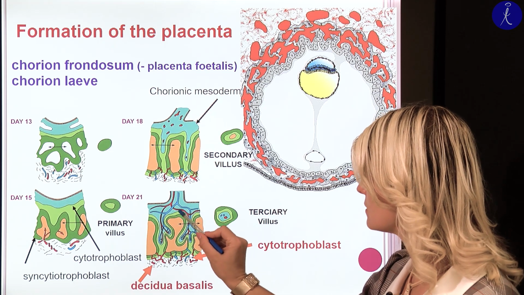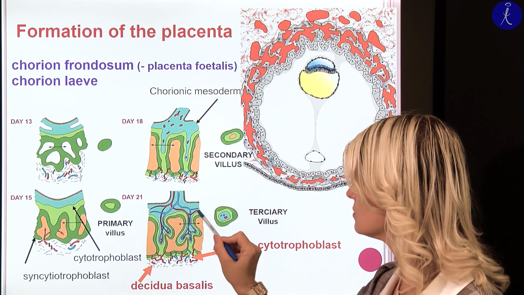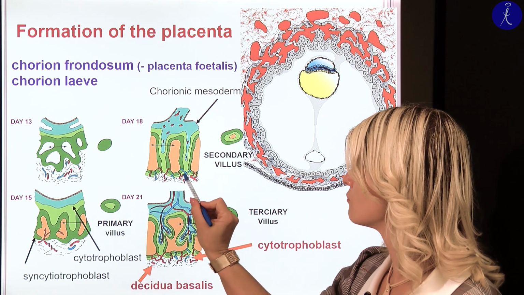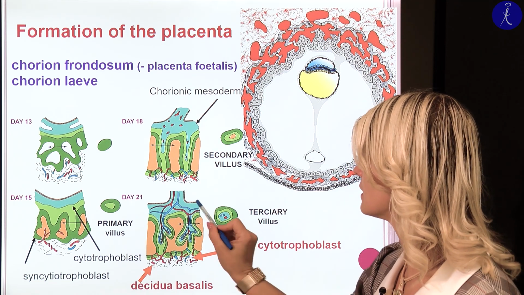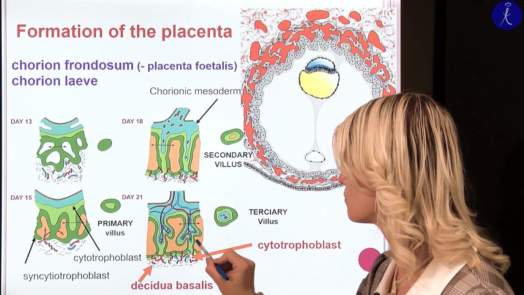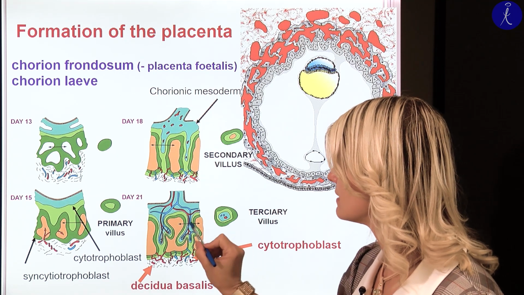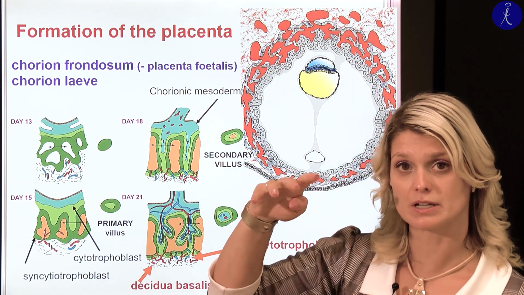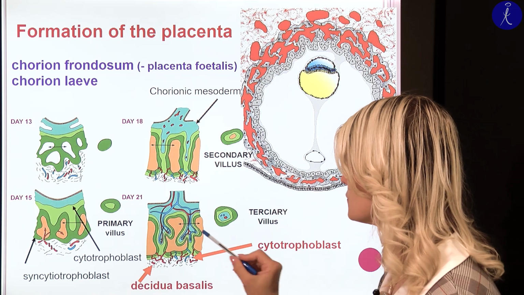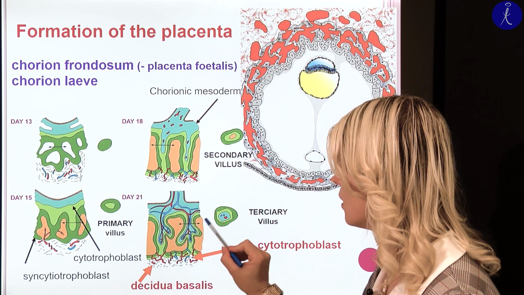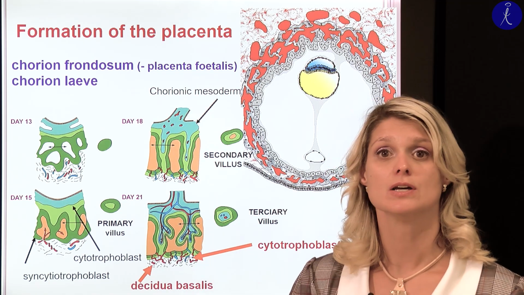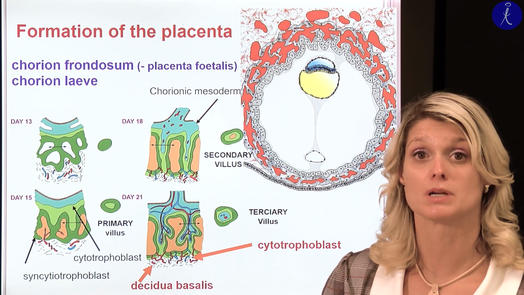Here you can see the structure of the tertiary villus, which consists of umbilical vessels, extraembryonic mesoderm and trophoblast cells, and they will grow into these very special cavities, the sinuses, which will be filled with maternal blood.